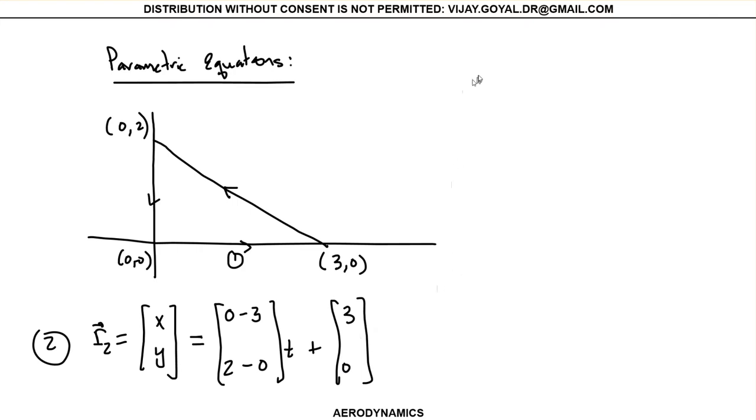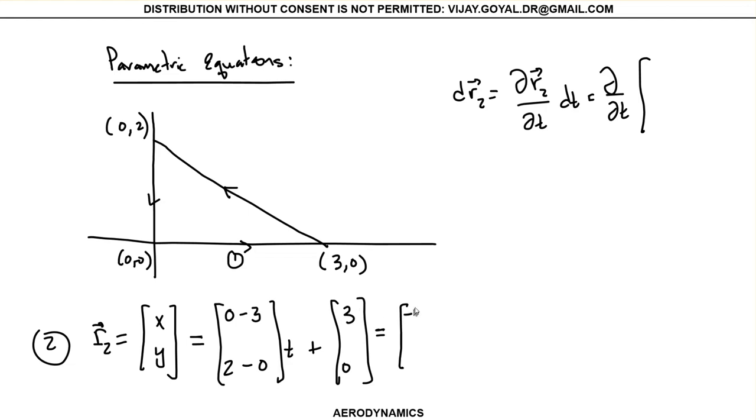So I can do exactly the same thing. I can say my dr2 is going to be the partial of r2 with respect to t, dt. So if I take the derivative with respect to t, I can write this completely. This is minus 3t plus 3, because I multiply this t by each one of these components, 2t. So now I take the derivative of this, minus 3t plus 3, 2t, dt.